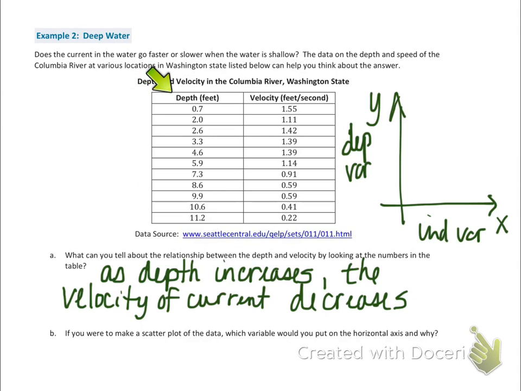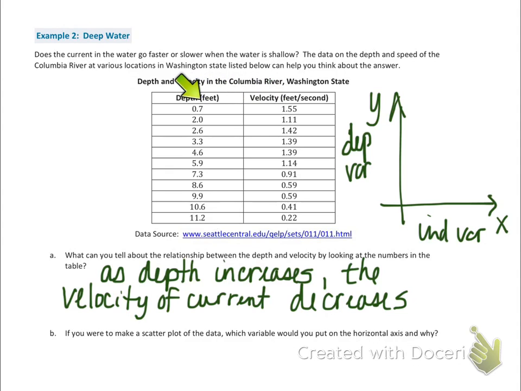Do I want to measure the depth, choose my depth, and then predict what the velocity will be? Or do I want to measure the velocity and predict the depth of the river? Okay, so that would kind of dictate which variable I put on my horizontal axis. This is kind of tricky because we could argue both ways, right?